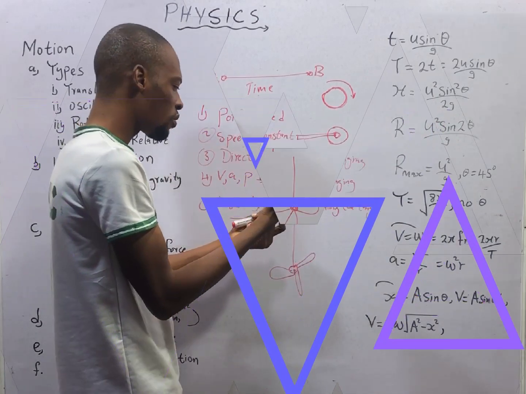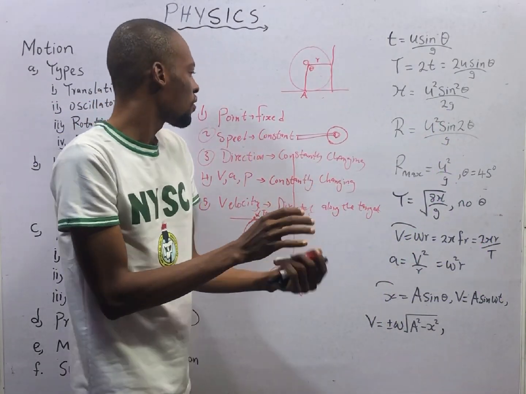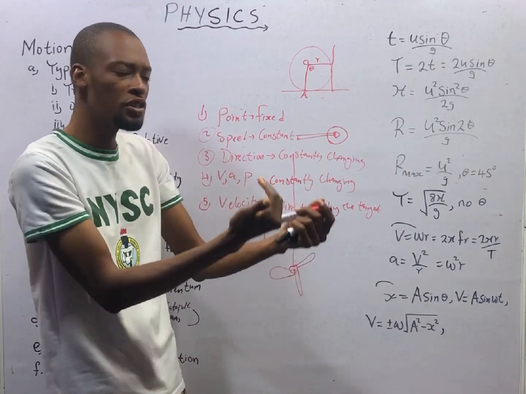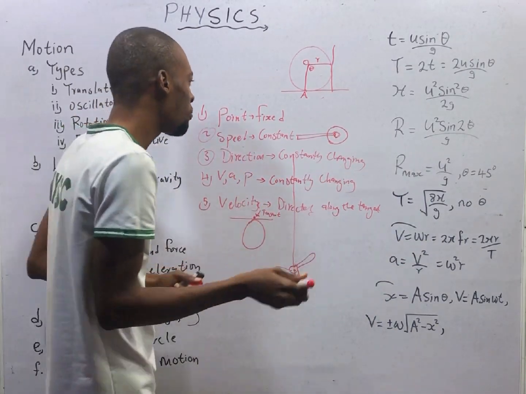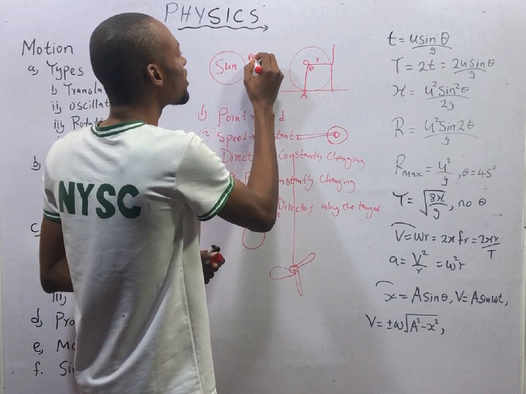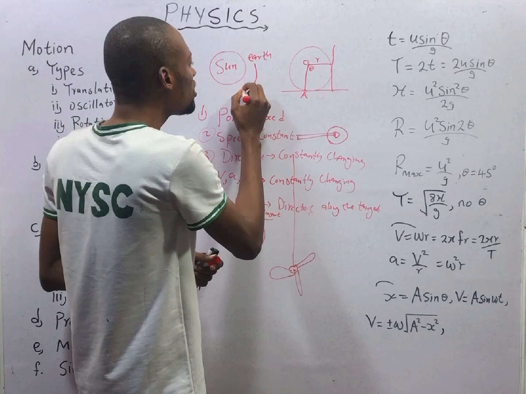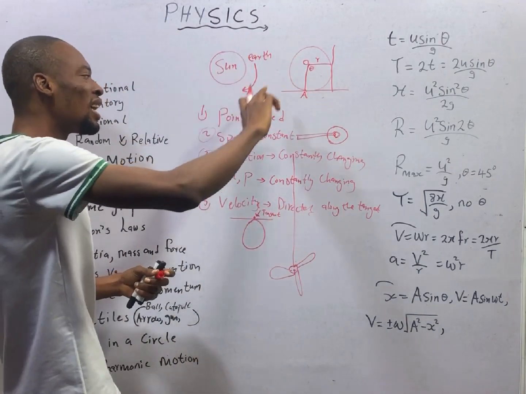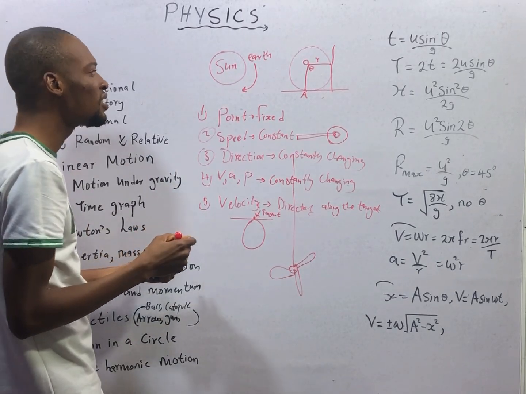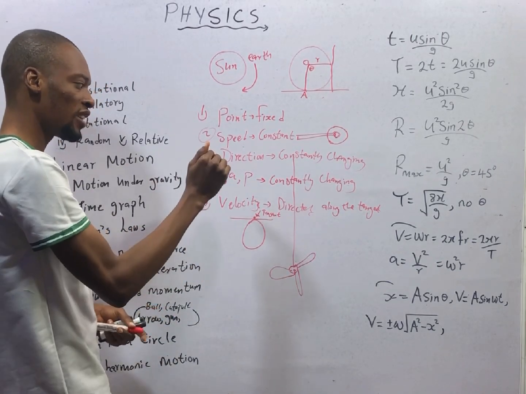One, in circular motion, the point is fixed. The body moves about a fixed point. Looking at another example, you have the sun, which is fixed, and the earth is moving about it in a circular manner. The point is fixed, and the speed in circular motion is constant.